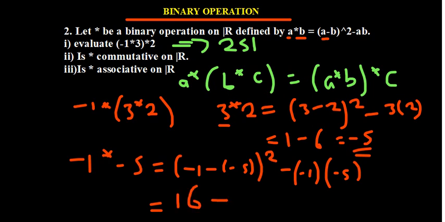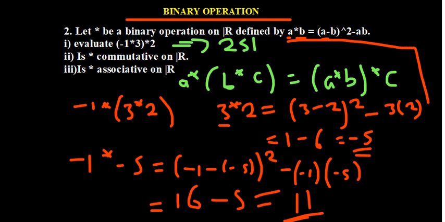Negative 1 times negative 5 will give you positive 5. So what you are going to have is 11. So now you ask yourself a question: are they equal or are they not? They are not the same. And we can therefore say that the binary operation is not associative on a set of real numbers.